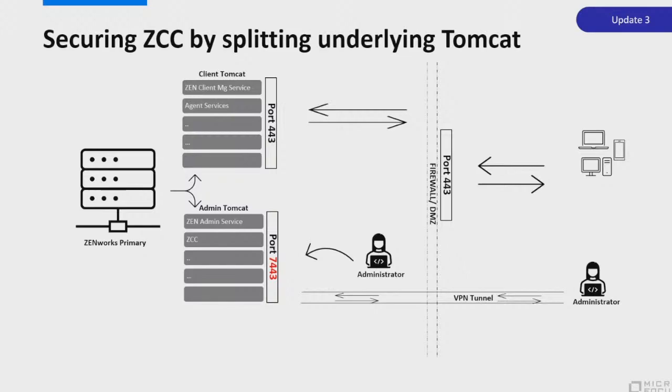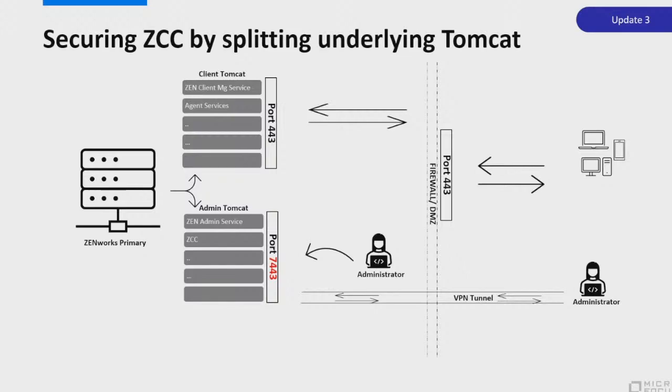You could decide that you don't want port 7443 exposed and that your administrators need to use a VPN to get in, which is not really what you want with your end users. You want your end users to be able to hit port 443 and come through. But administrators are different.